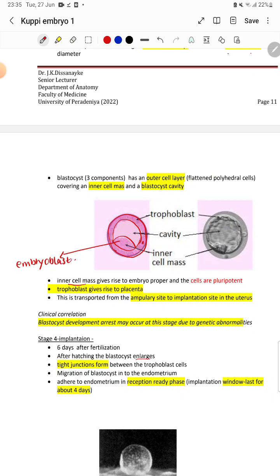So this inner cell mass gives rise to the embryo proper, and these are known as pluripotent cells now, no longer totipotent. It's pluripotent, which is similar to totipotency, where it basically has the ability to virtually turn into any cell, but it has limitations. So there are slight limitations.